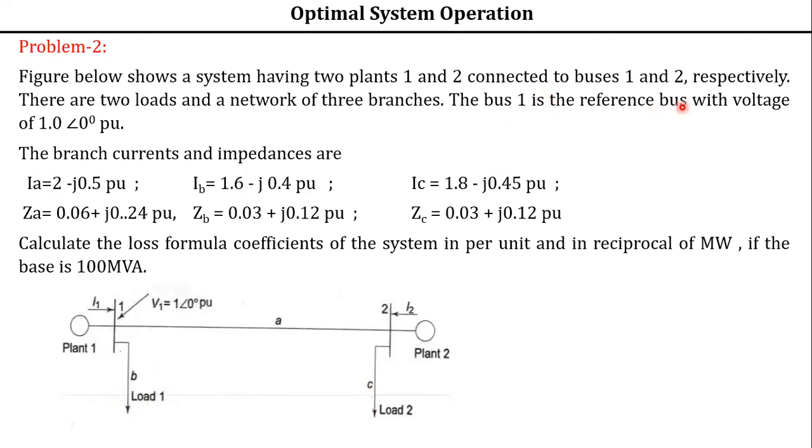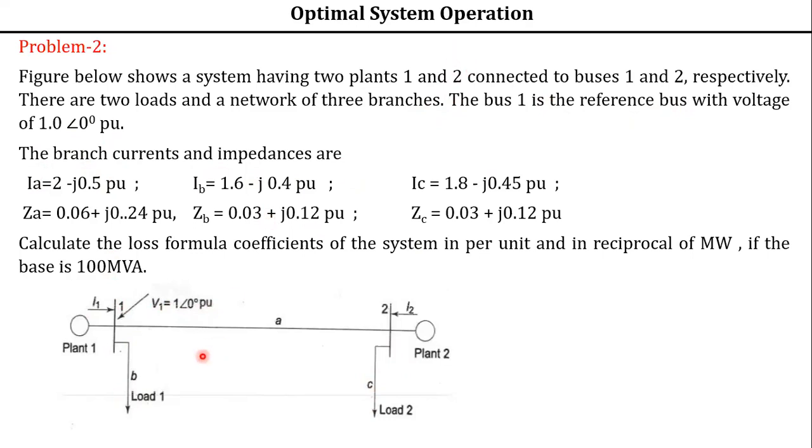Bus 1 is the reference bus with a voltage of 1 at an angle of 0 degrees. As in the previous problem, the branch currents and the corresponding branch impedances are given.